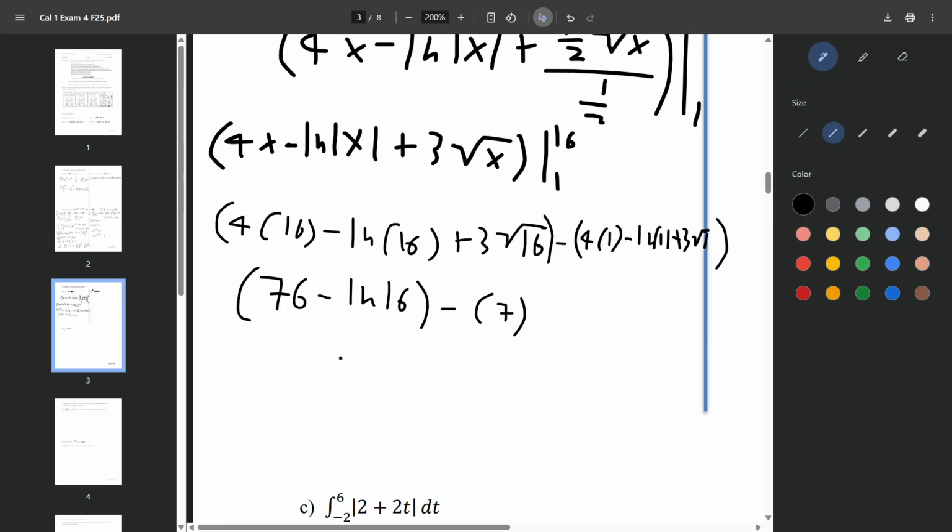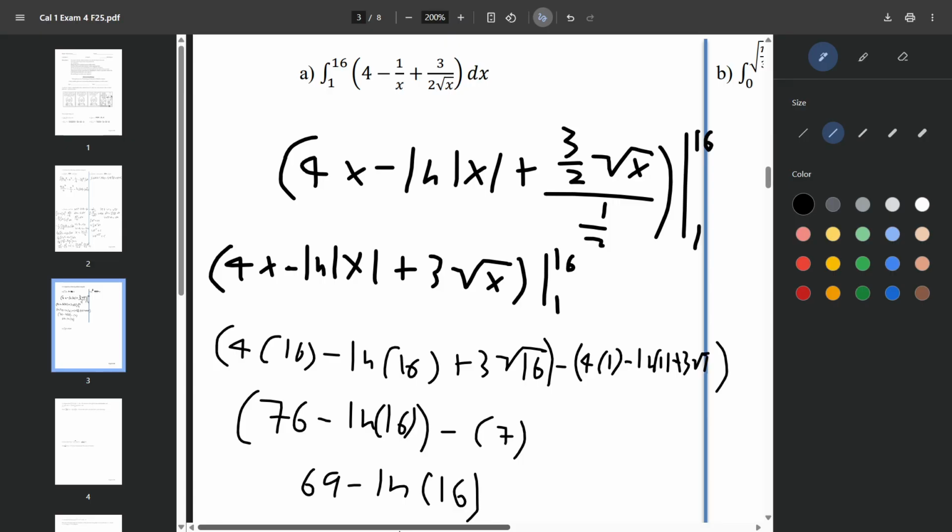And that will give us 69 minus ln of 16. And that will be our answer for A.